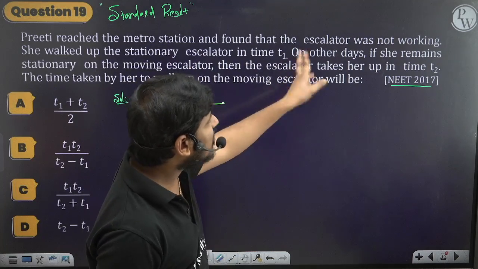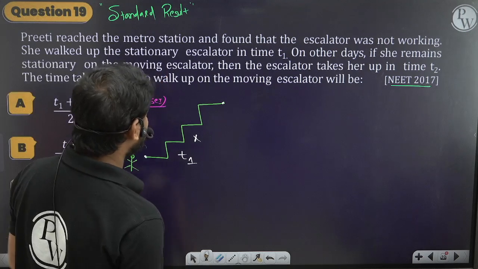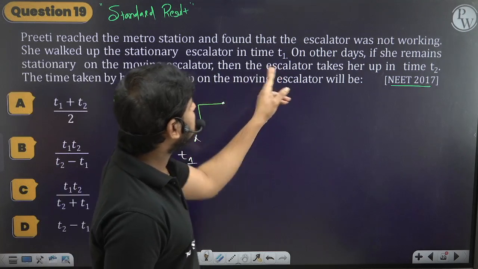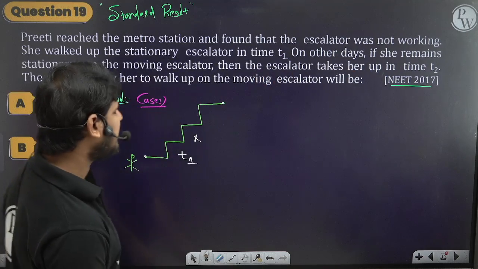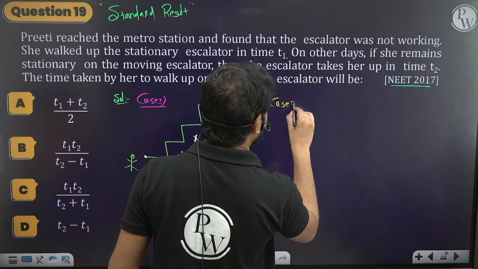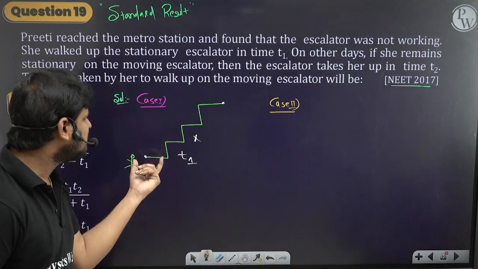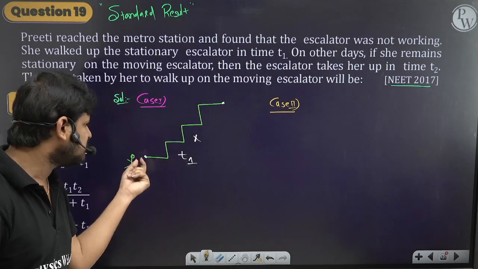Now on the other days, if she remains stationary on the moving escalator, then the escalator takes her up in time t2. So now case 2: in the remaining days, the escalator used to work. On that day the escalator was not working, so she had to climb up.